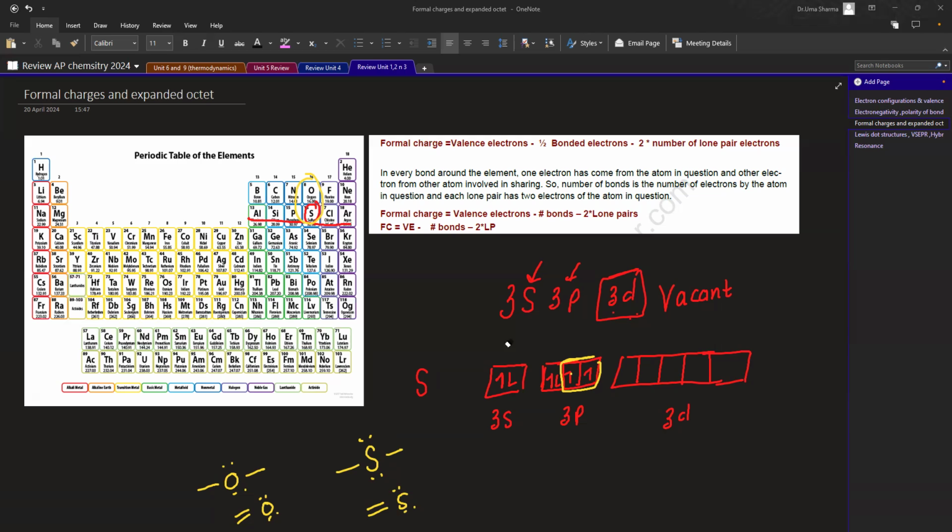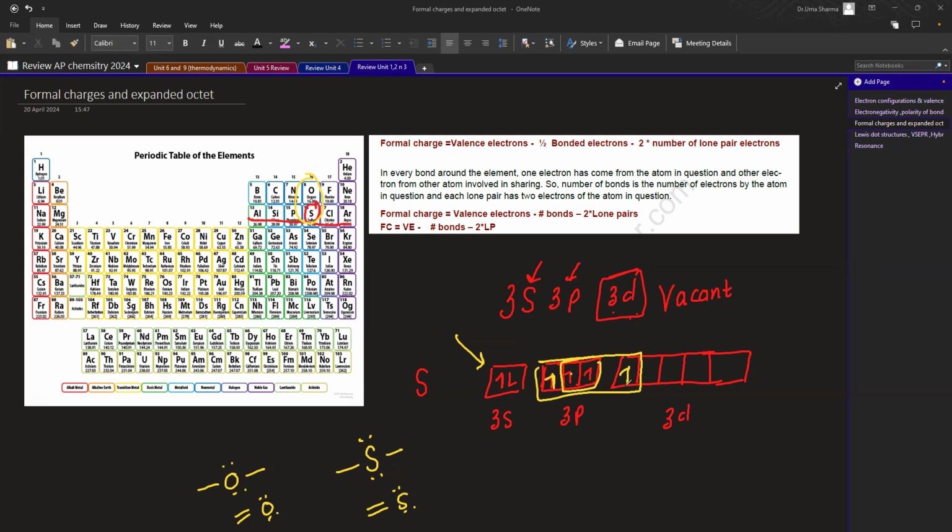But if I make one electron jump from here to here, now how many unpaired electrons? How many unpaired? So how many bonds can sulfur make when it has 4 unpaired? Nivriti, are you answering the number of bonds in this particular structure?